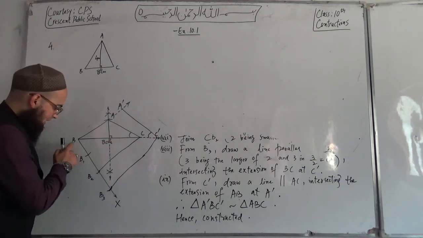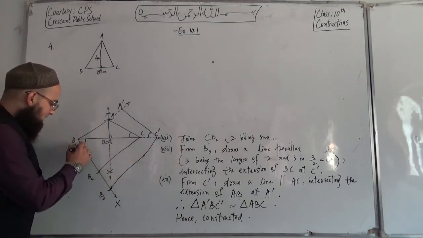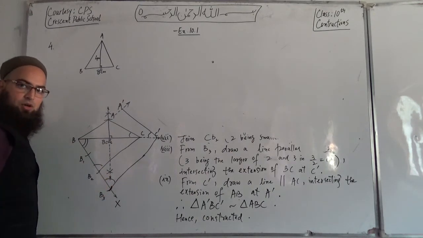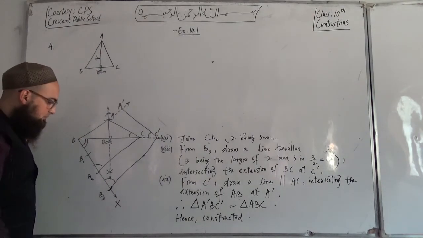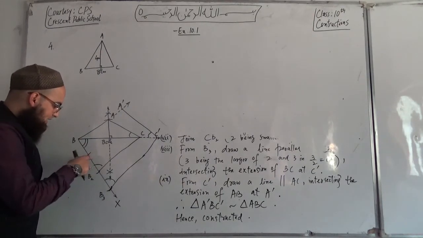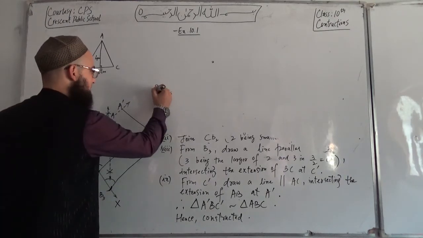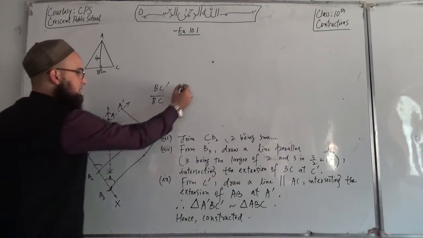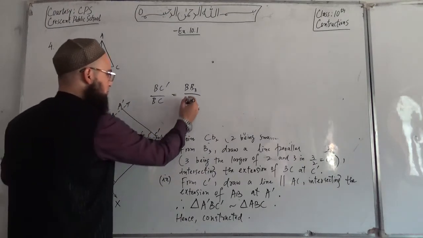Then consider this triangle BB2C and BB3C dash. In these triangles, this angle is common. Then this angle is equal to this angle, corresponding angles. So again, these are similar. Then in this case, take two sides: BC dash by BC is equal to BB3 by BB2.